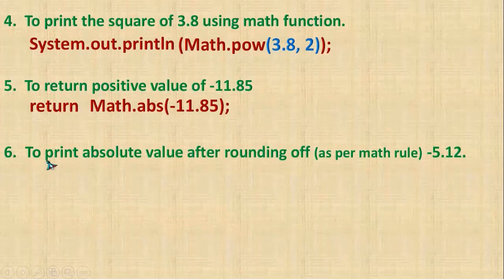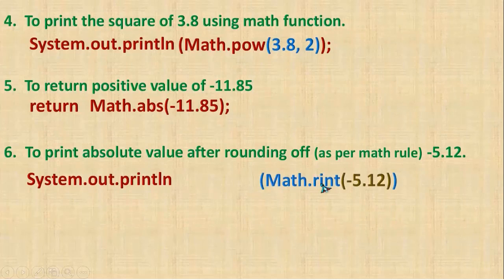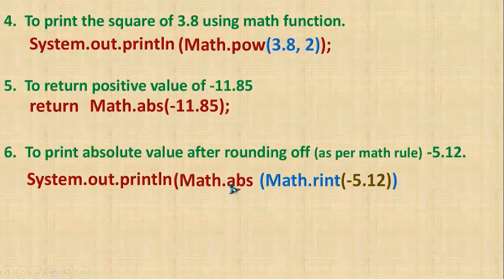Next one, print the absolute value after rounding off. So rounding off is as per the math rule, that is -5.12. So first you have to write rounding off inside the inner brackets. We are printing here, then Math.rint(-5.12). So first it rounds off, then we are going to take the absolute value.